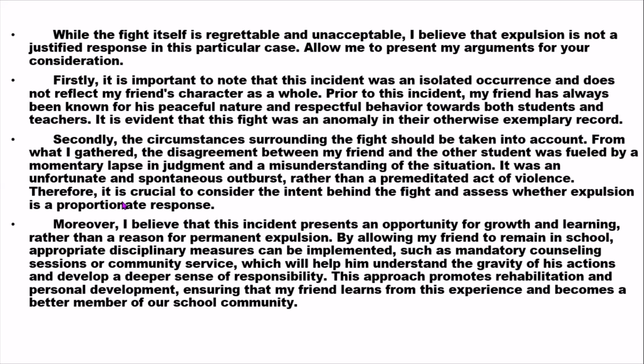This approach promotes rehabilitation and personal development, ensuring that my friend learns from this experience and becomes a better member of our school community. Now, this brings us to the conclusion of the letter.